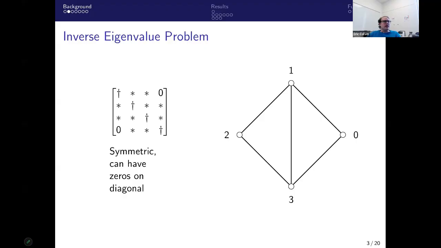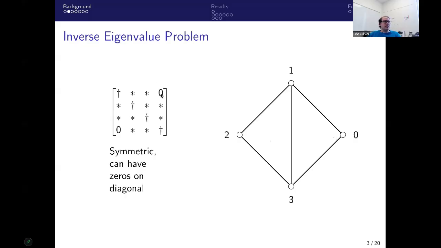look at what's known as the adjacency matrix of the graph, where we have a matrix with the vertices. Essentially, the vertices are giving the rows and columns, and we put zeros wherever there's not an edge between the two vertices.